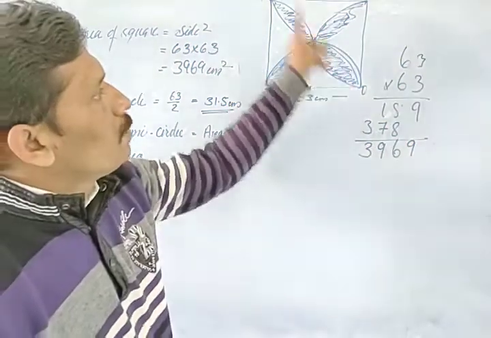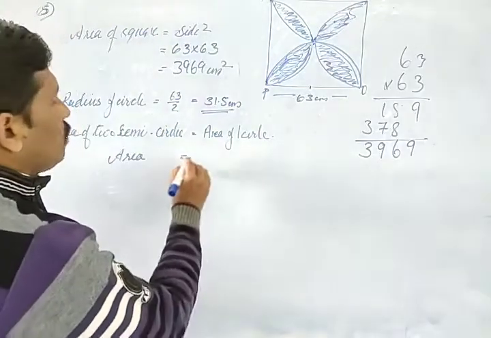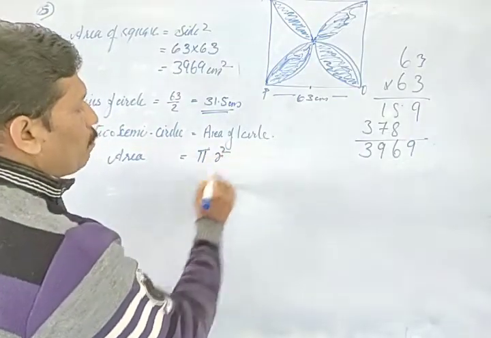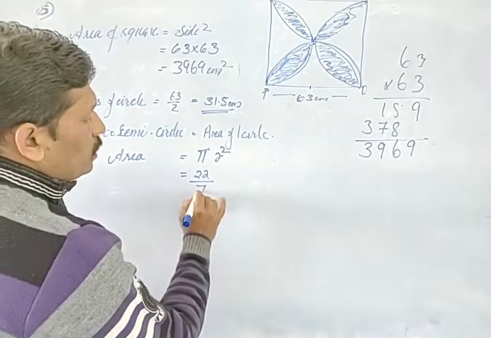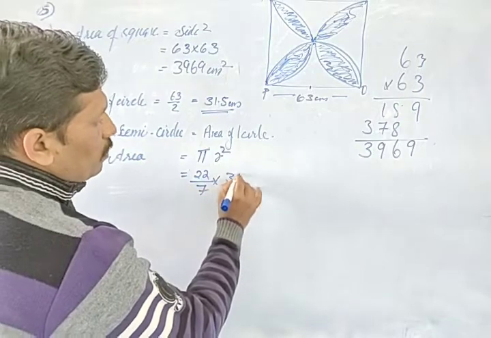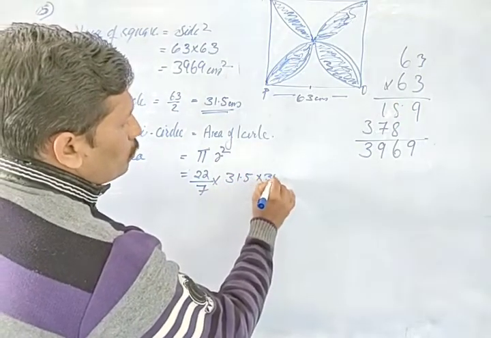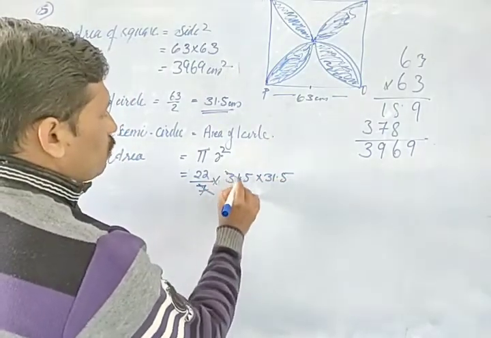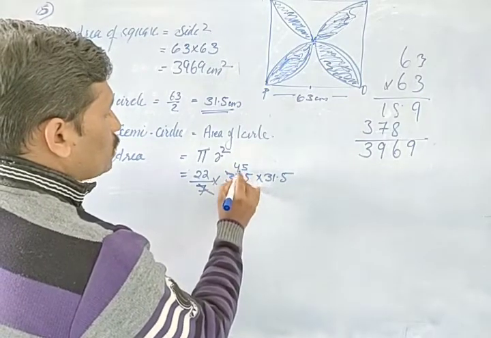Two semicircles are equal to one full circle. So area of circle formula is equal to pi r square. That means pi 22 by 7 into radius 31.5 into 31.5. Here we can cut: 7 4s are 28, 7 5s are 35, means 4.5.